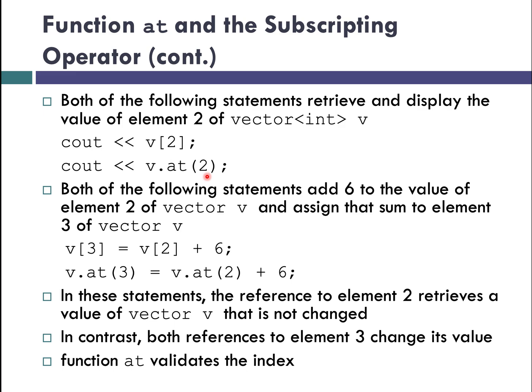When we start writing our containers, we're going to do the same thing, and we'll show you how you can use operator overloading to call a particular function on that vector. Both of these are equivalent in what they do. You could also put them on the left side of the equals, and say v at 3 is equal to some other value, and it will change the vector at that particular position.